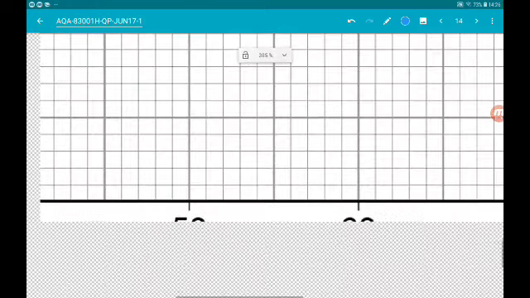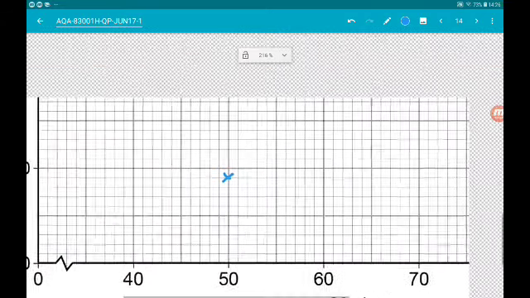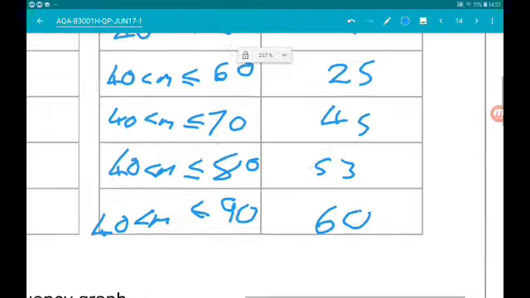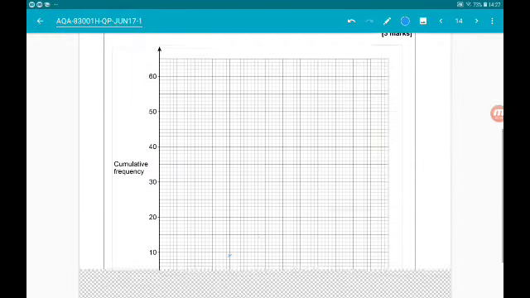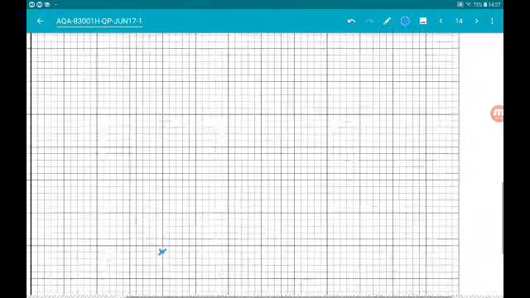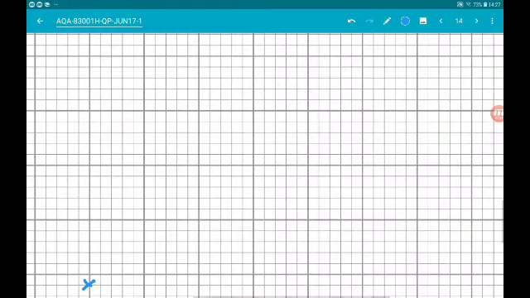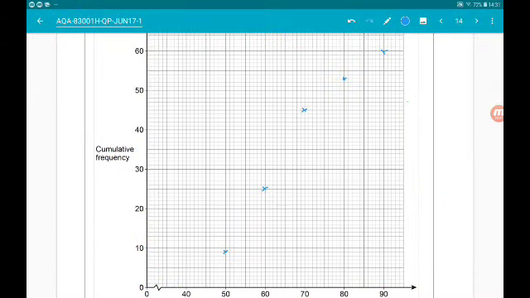So 59 is going to be there. Next one is 60, 25. So 60, 25 is going to be right here. The next. So if you carried on doing that, you would get points that look like this.